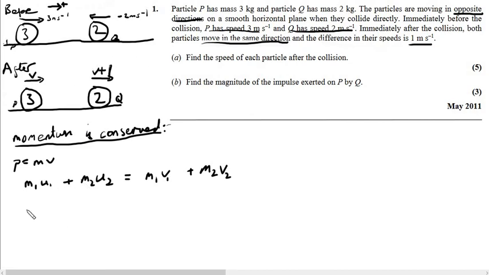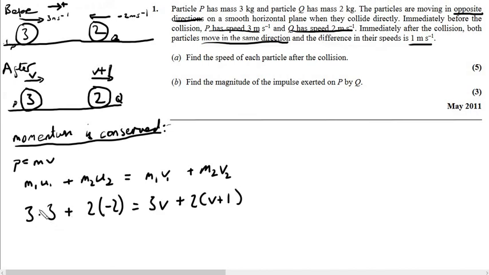Let's just do this. So this is going to be 3 times 3, so 3 kilograms times 3 meters per second, plus 2 times negative 2, is going to be equal to 3v, and we've said that Q is v plus 1, plus 2(v plus 1).